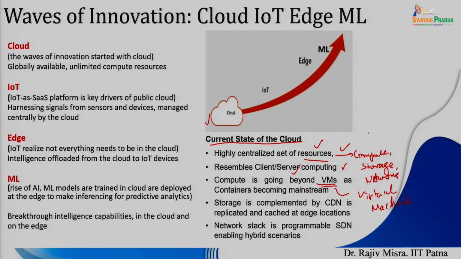The cloud resources, that is compute, storage and network, are provided in the form of virtual machines, which is a de facto standard, but now the compute is going beyond virtual machines in the current state of the cloud, as virtual machines are being replaced with containers in the mainstream of the cloud.